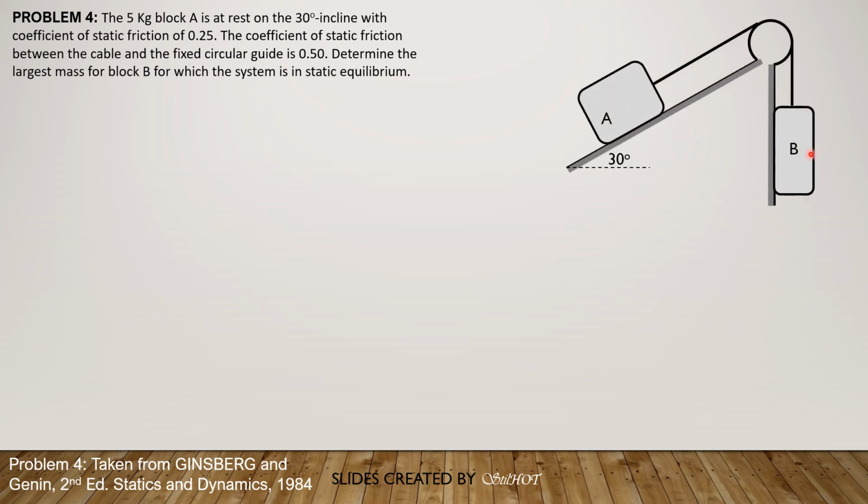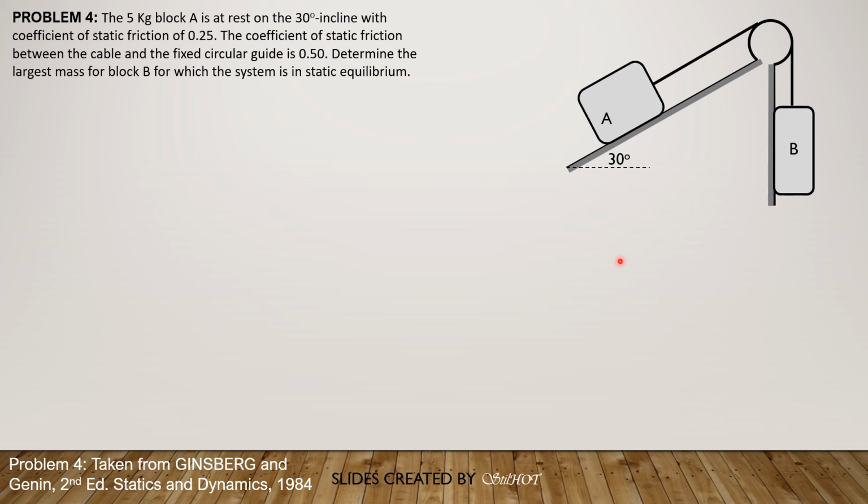Since the question is about the largest mass, we have impending motion and the tension supporting the mass B is the tight tension, and therefore the tension in this block A here would be the slack tension. Motion is impending downward for B.